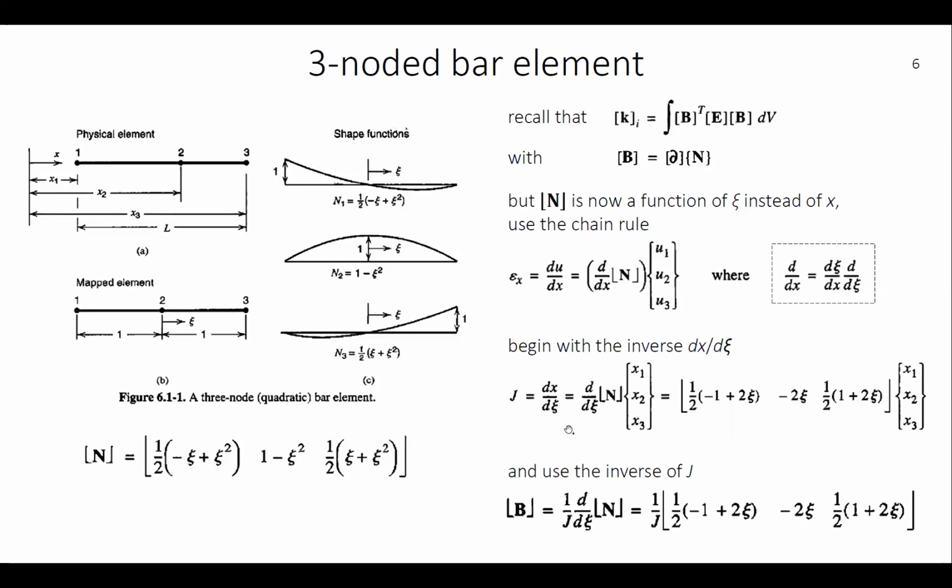So we derive the shape functions with respect to the mapped domain c. So we derive this one, and then we have -1 plus 2c, minus 2c, and then here half and 1 plus 2c. So we differentiate this with respect to c, dN/dc, times the physical coordinates x1, x2, x3.